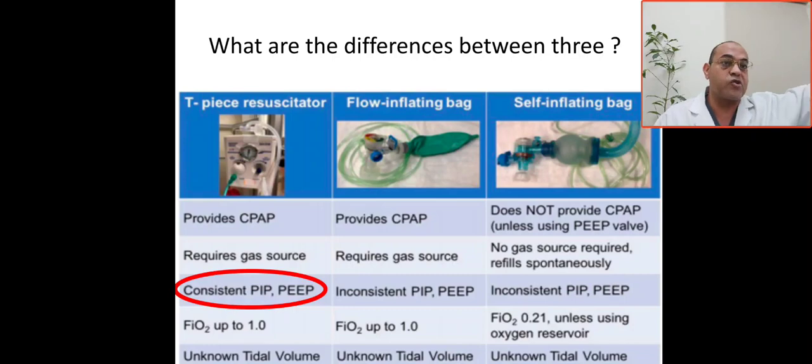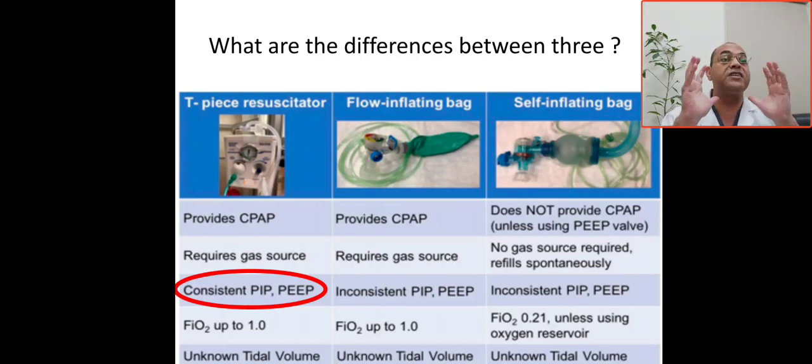The swinging in pressure leads to shearing injuries and to biotrauma, an inflammatory process. So it will prevent barotrauma, atelectrauma, biotrauma, and even volutrauma. It will prevent all this trauma.